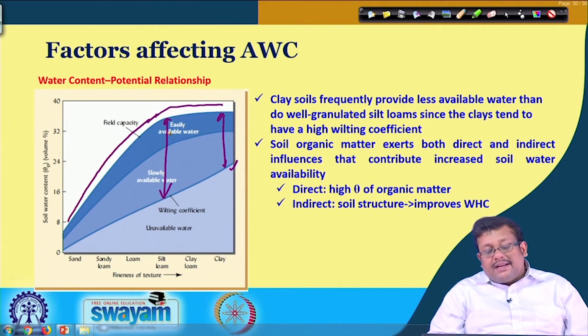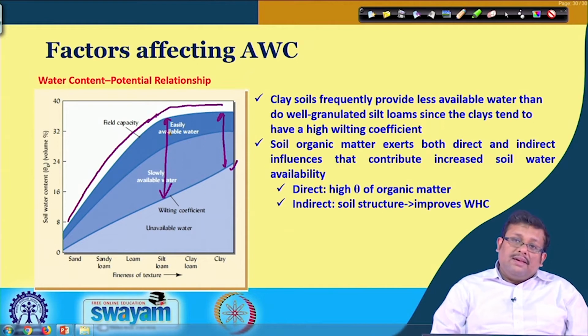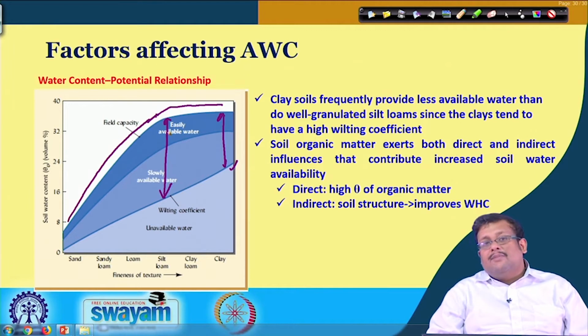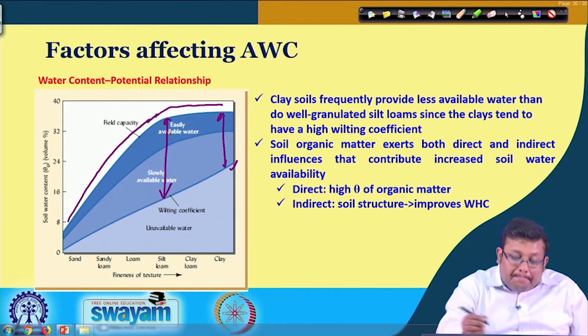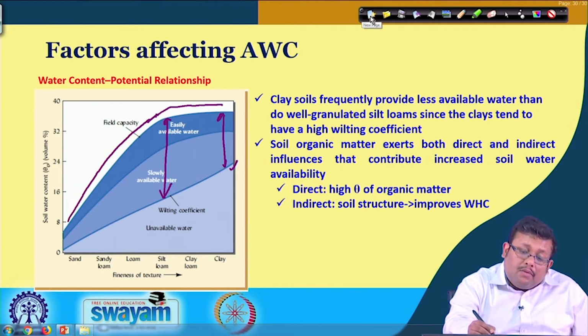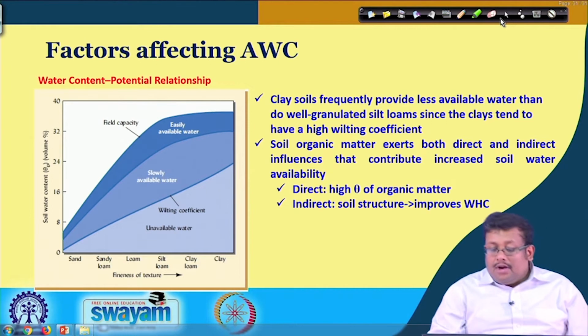Indirectly, organic matter helps in binding the soil particles and improving the soil structure. When it improves the soil structure, a well aggregated soil will obviously have increased water holding capacity. So as a whole, the application of organic matter increases the water holding capacity or the available water content of the soil.